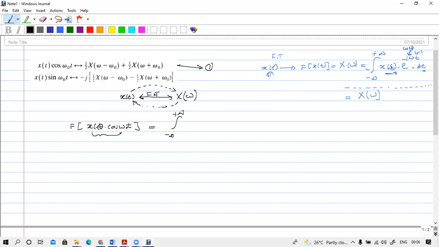So instead of xt, here we have xt cos omega naught t, and you have to multiply it with e to the power minus j omega t dt. So what we have to do is evaluate this integration.